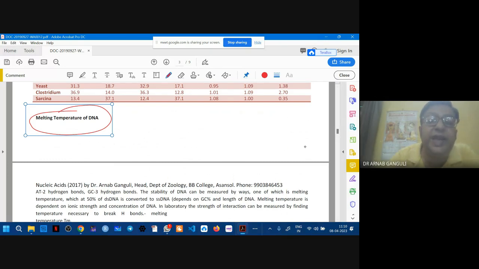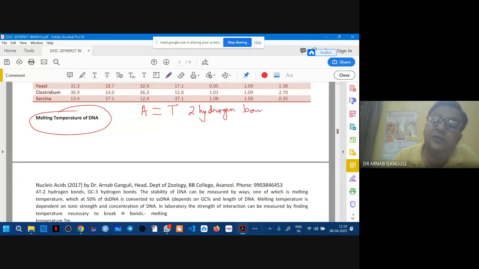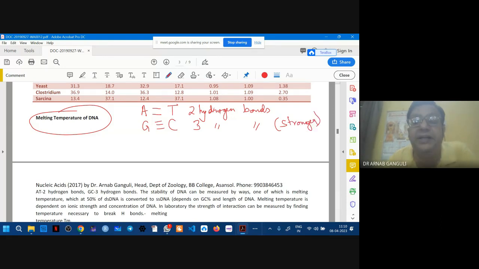You know, between A and T there are two hydrogen bonds, and between G and C there are three hydrogen bonds. So one thing is for sure, GC binding is stronger than AT binding, because there are three hydrogen bonds, and in AT binding you have two hydrogen bonds.